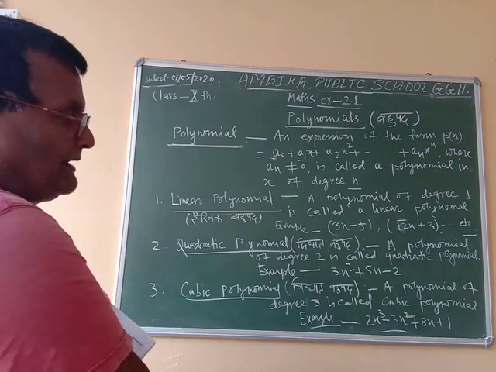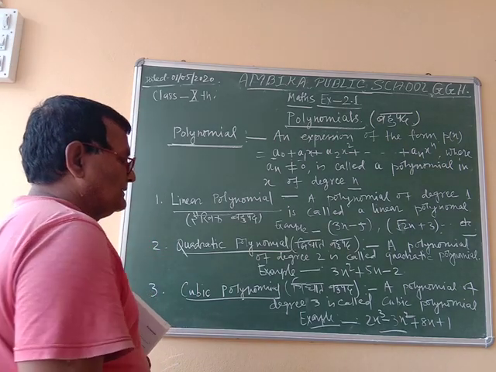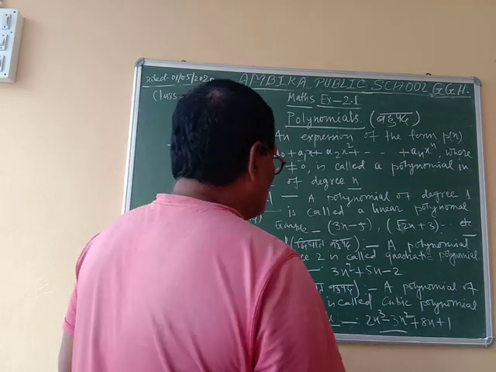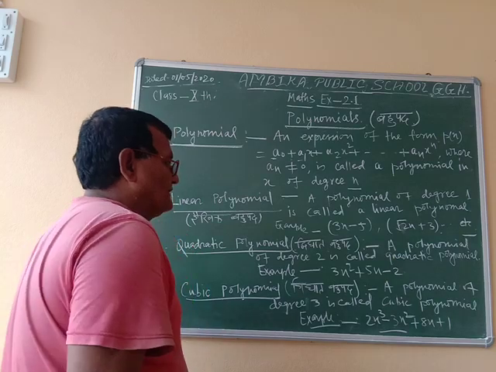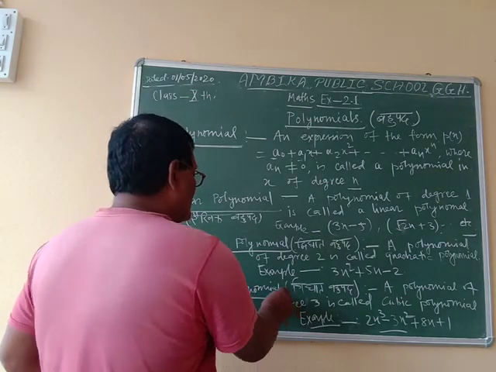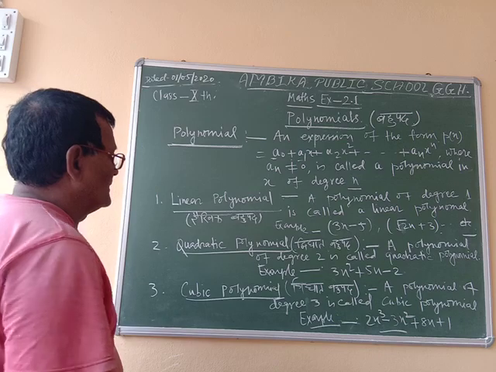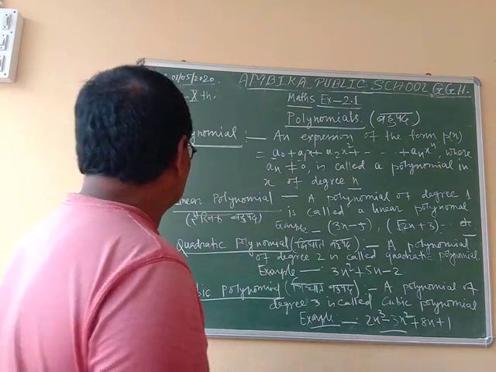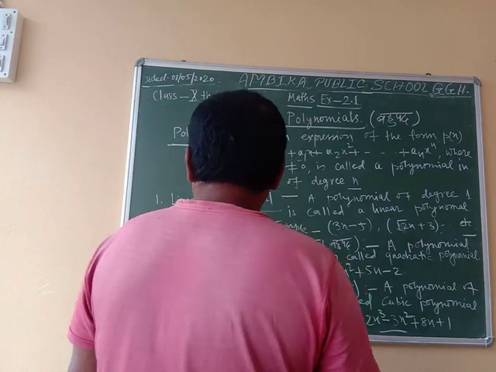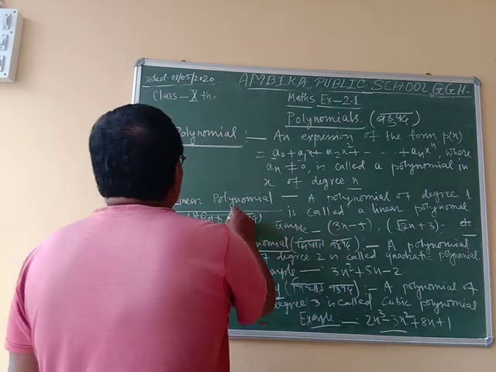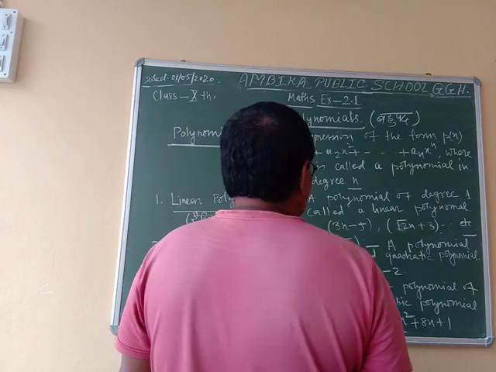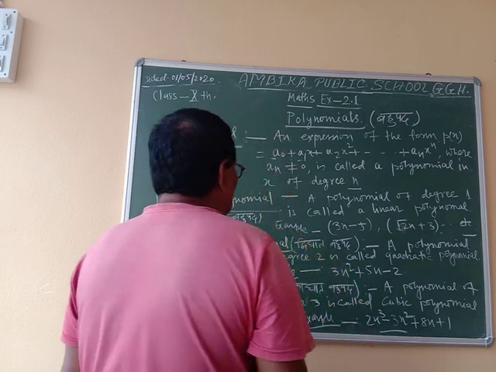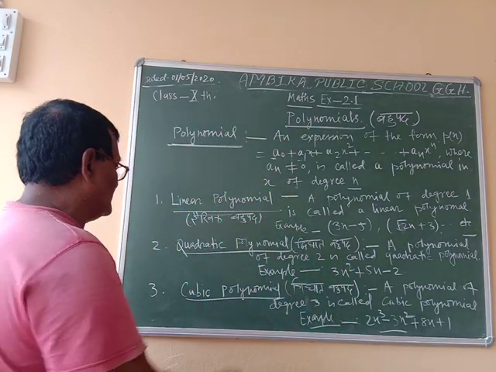यदि किसी बहुपद में x का घात यदि 3 है तो उसे हम त्रिघात बहुपद कहते हैं. In a polynomial there are so many terms. A polynomial of degree 1 is a linear polynomial. एक घात के बहुपद को रैखिक बहुपद कहते हैं.